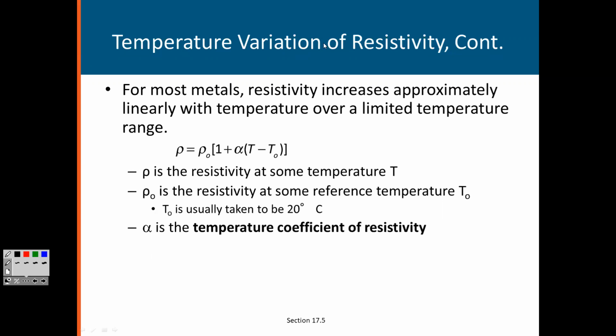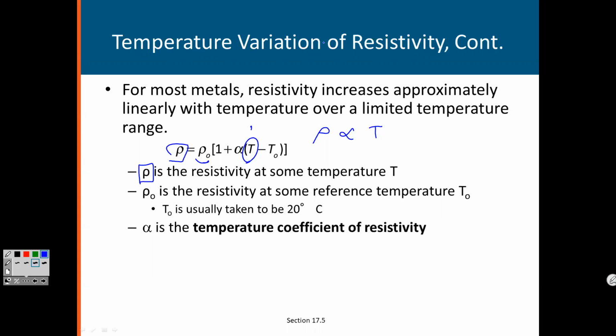So we got an equation here, how the resistivity varies with the temperature. In a limited temperature range, we can see it is linear. So here, the rho is the resistivity, and it is proportional to the temperature, and the other things are all constant here.